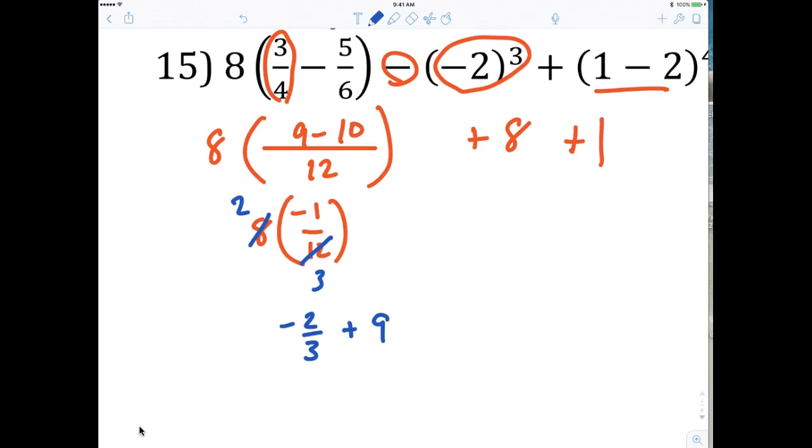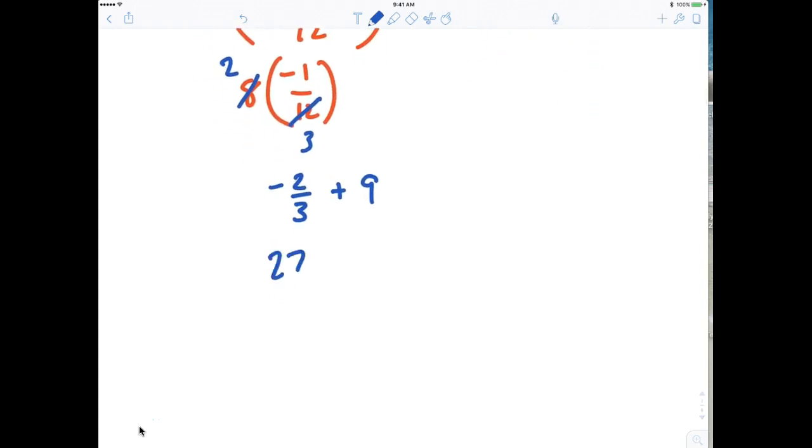Now if you have 9 pizzas and you're going to cut them into thirds, how many slices will you have? 20 what? I don't think so. You mean that's the final answer? Yes. There's 27, right? So I would want you to think of this as 27 thirds minus 2/3.